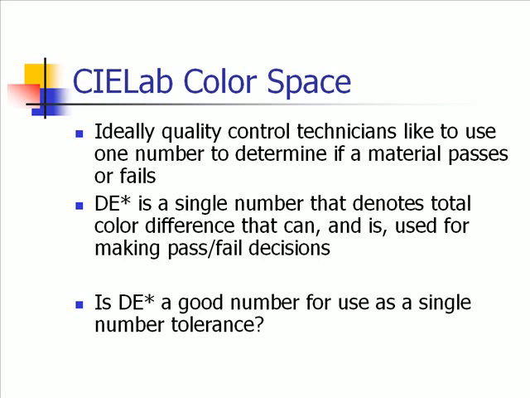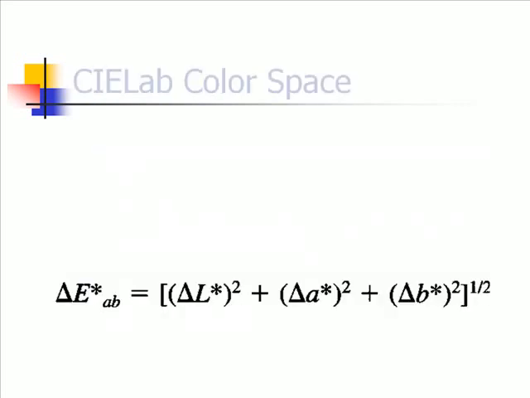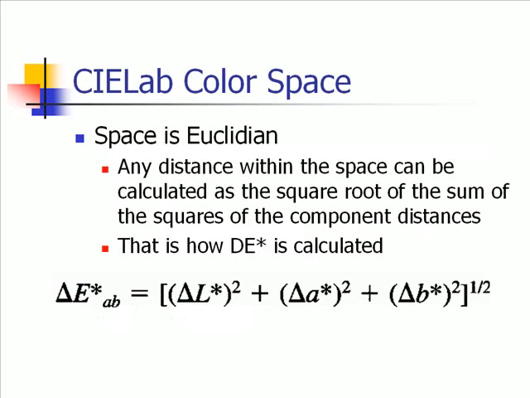For you mathematical whizzes and experts, when we talk about CIELAB color space, that space is Euclidean, and I'm sure you all know what that means from your math classes, right? Good. Glad I don't have to explain it to you. The important thing is that any distance within the space can be calculated as the square root of the sum of the squares of the component distances.